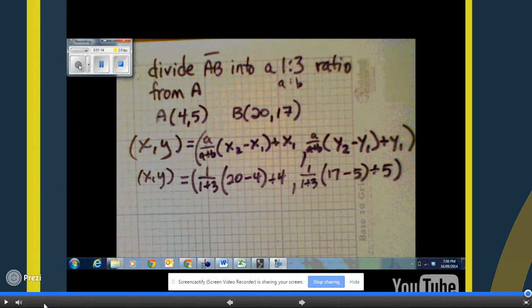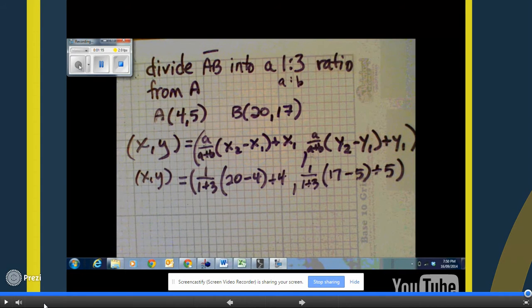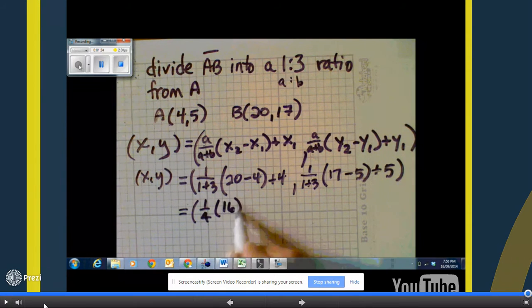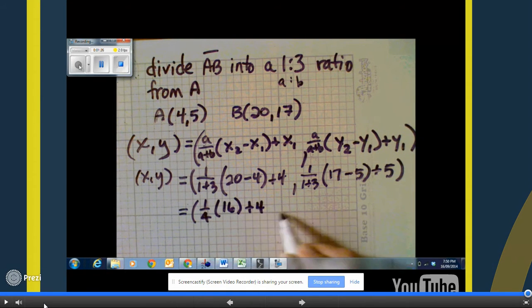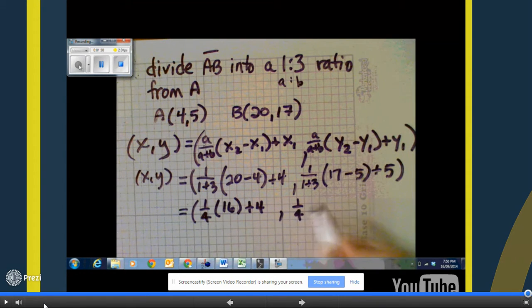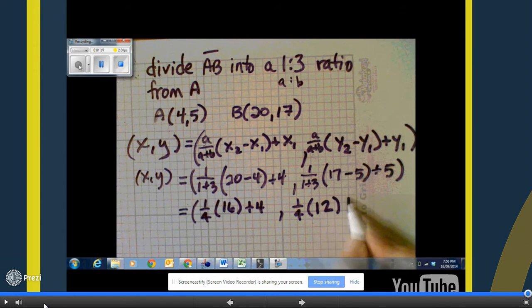So that's plugging in the formula. Now let's make sure our arithmetic is correct. So this becomes 1/4. In the bracket we have 16. And then we add back the 4. And for the y coordinate, it's the same thing, 1/4. 17 minus 5 is 12, plus 5.